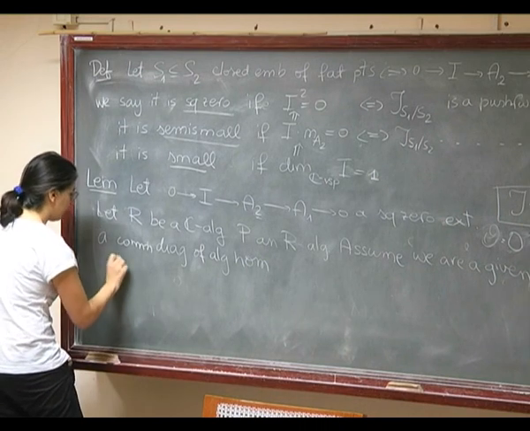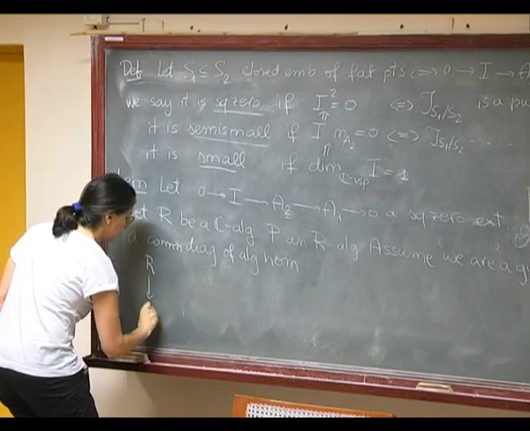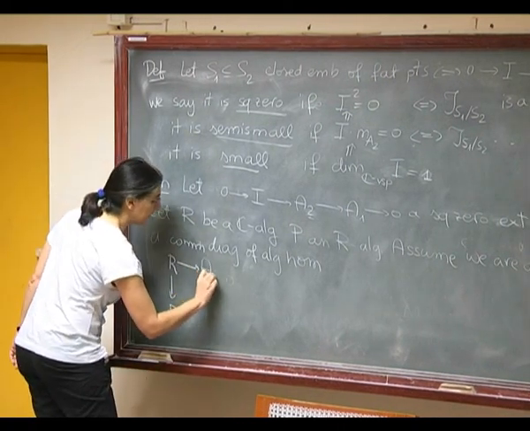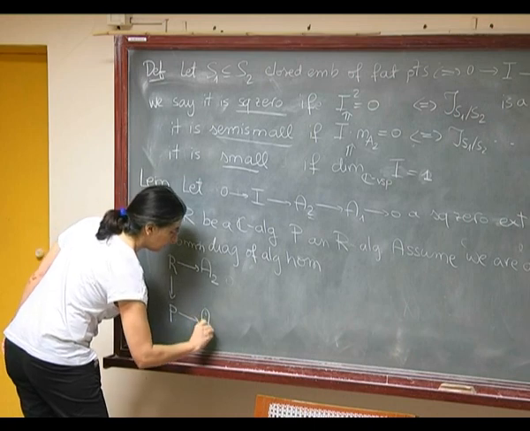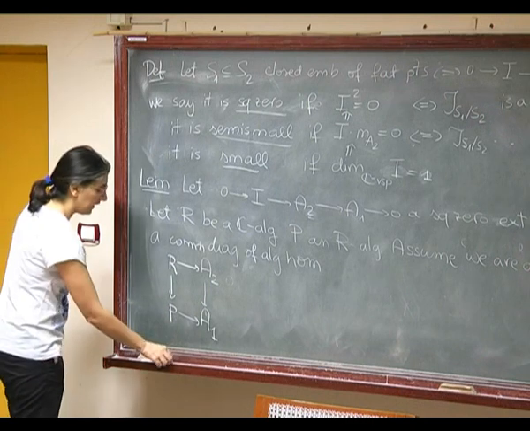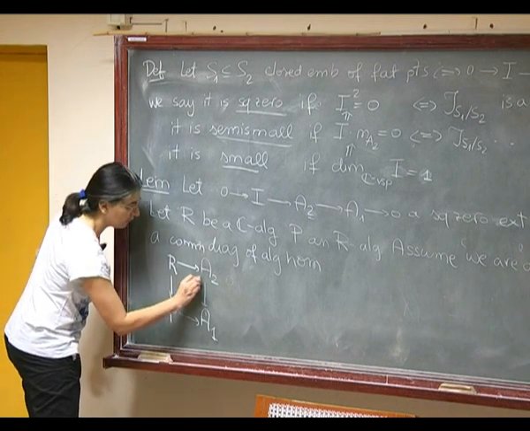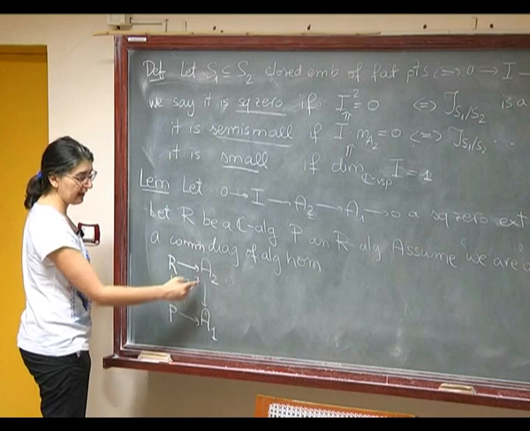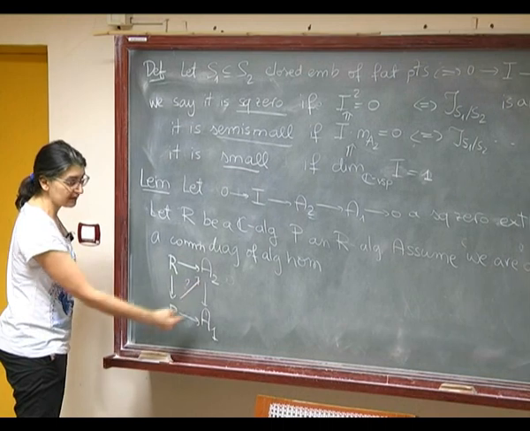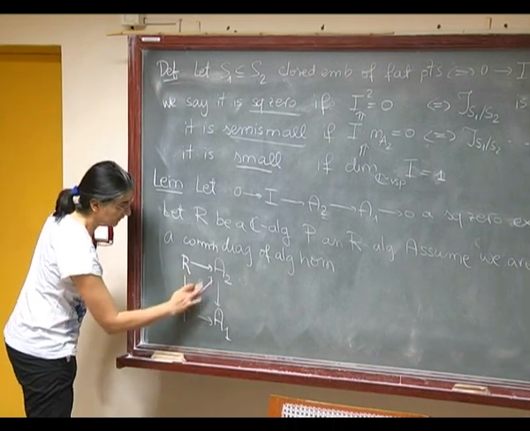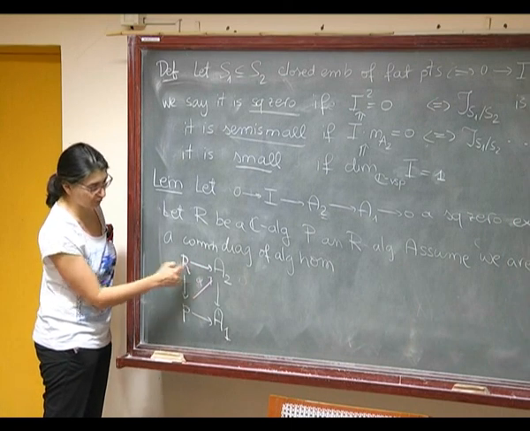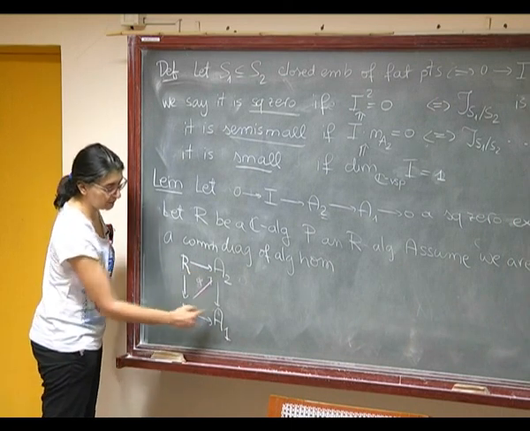So I have R to P, since P is an R algebra, and then I assume I have a diagram like this. And I ask myself whether I can find a homomorphism of algebras like this, which makes the diagram commute. So let me call this alpha, and by saying that it commutes, it will mean that this composition is this, and this composition is this.